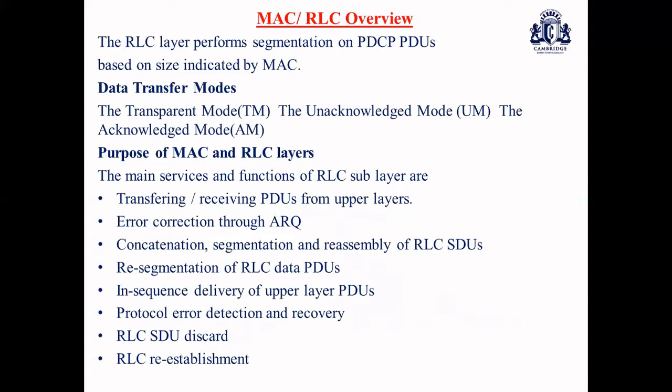So the RLC layer, as you know, the Radio Link Control layer, performs segmentation as well as concatenation on PDCP PDUs, the packet data units. PDCP is the Packet Data Convergence Protocol. It also reorders the RLC PDUs as well as supports the HARQ mechanisms.